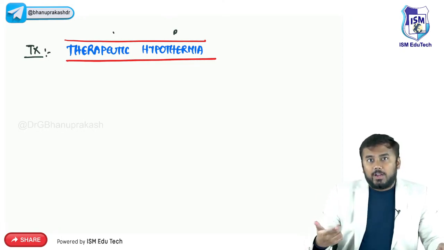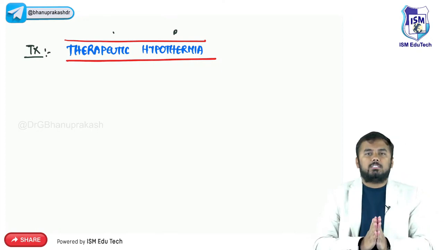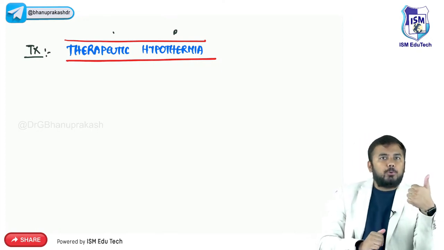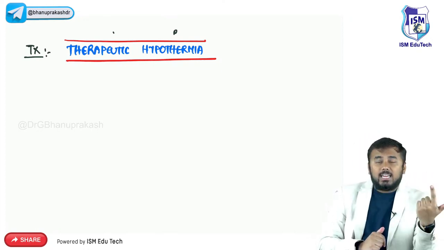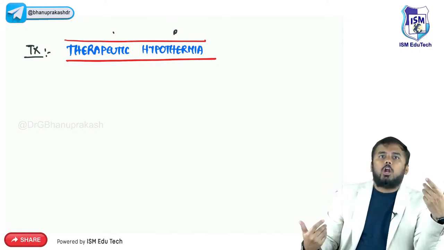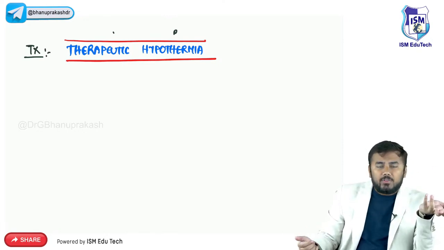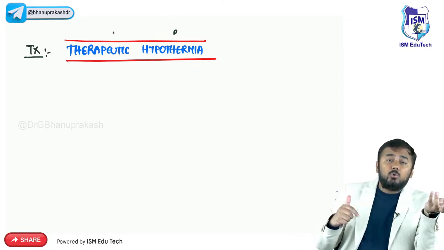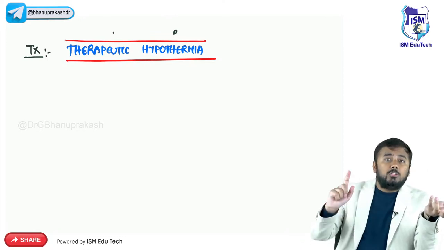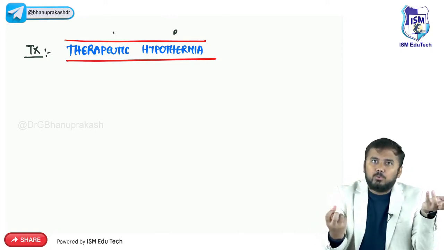First of all, I'll tell you why I do this, and later on I will tell you how I am going to do it. Why I do this is, first, neuroprotection. It will protect the brain. Second, the brain is demanding a lot of oxygen right now, and you're not providing that oxygen. That is why there is a lot of damage, primary energy failure, secondary energy failure. Why is this happening? Because you're not supplying enough oxygen. So I have to tell the brain to decrease its metabolic demand, to use less oxygen.